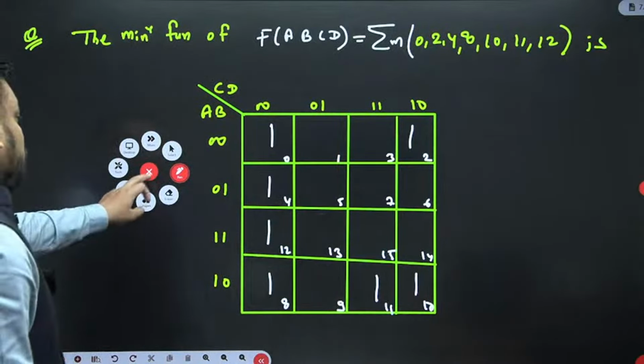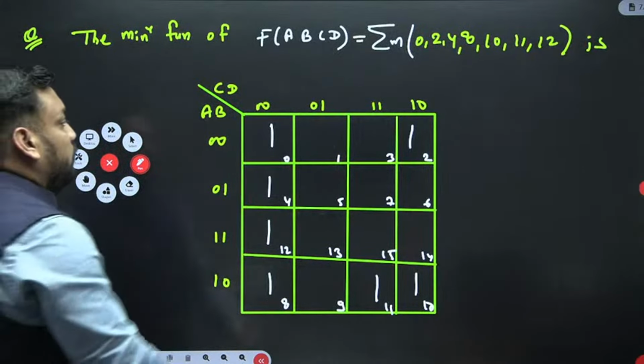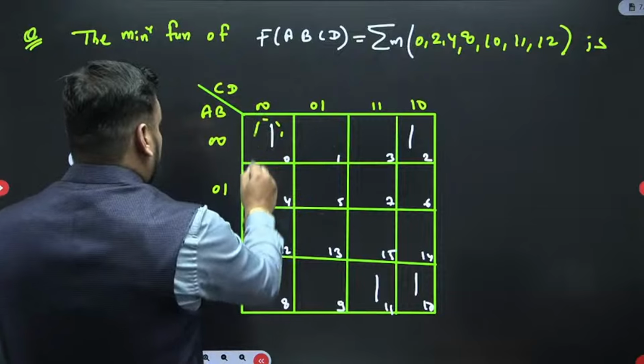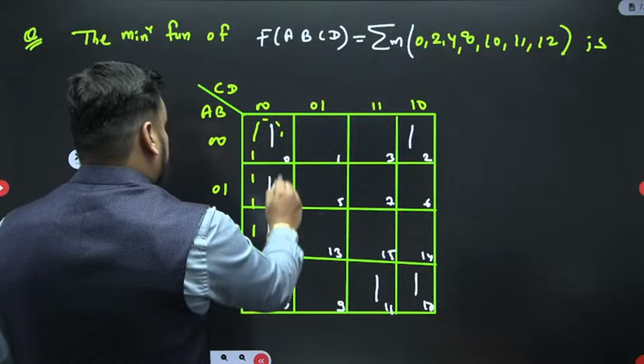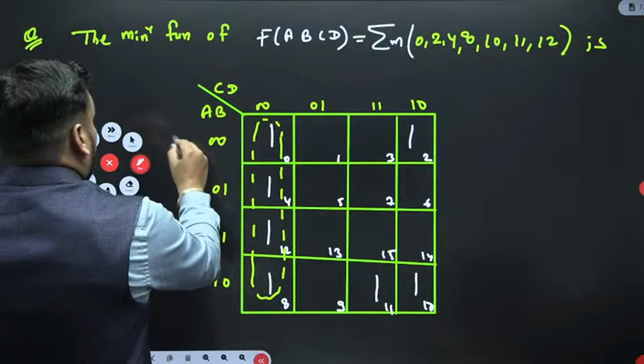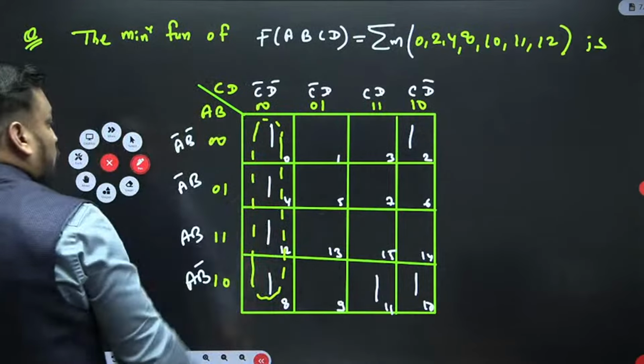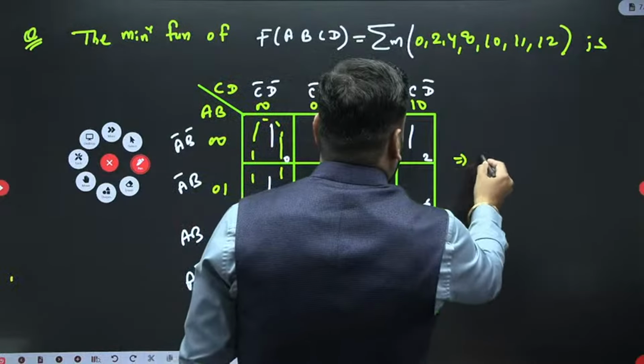So now student, you just need to make the grouping. We are looking for the minimized expression. Tell me guys, what is here? Don't you think it is A bar B bar, A bar B, A B, and A B bar. Similarly here C bar D bar, C bar D, C D, and C D bar. So the first group gives you C bar D bar.